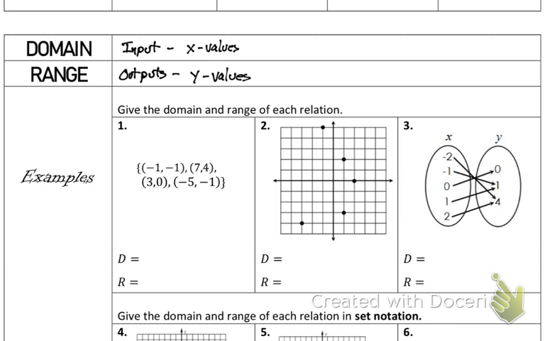So we're supposed to give the domain and range of each of these relations. When it's a set of points, it's pretty easy. You just got to figure out which one of those means your inputs and which one means your outputs. Your inputs, if I give you points, are always going to be that first number that's there. So when I'm looking at my inputs there, I'm looking at -1, I'm looking at the 7, I'm looking at the 3, I'm looking at the -5.